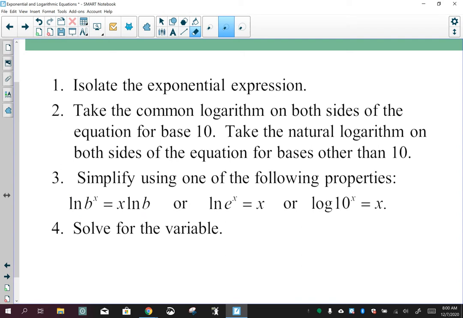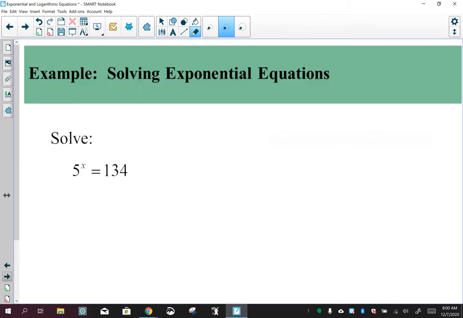They're going to give you an equation, and you're not going to be able to write one side in terms of the base of the other side. So what you're going to need to do is take the natural log of both sides and then use your properties and solve the question that way.